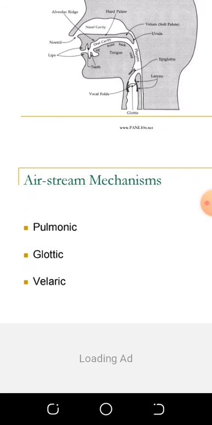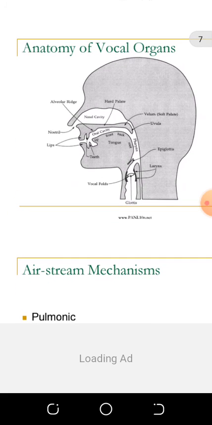In the light of this lecture, we will now define the airstream mechanism: how the air flows, where the air is generated in our body, and how it is converted into sounds and then shaped into words. I do hope that up to here you have understood the definitions of linguistics and phonetics. In our next lecture, inshallah, I will tell you about the basic organs in detail: what the uvula is, what the hard palate is, what the lips and the nasal are.